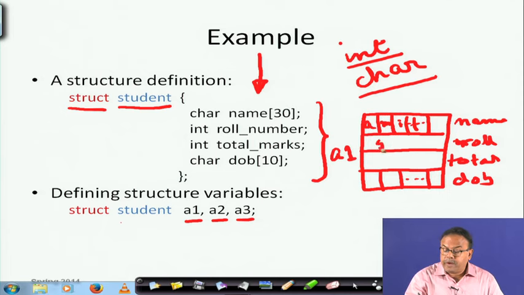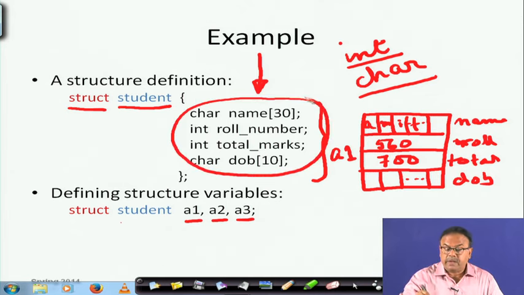Roll number may be 560 and total may be 700 and date of birth can be something. That is one particular instance of this particular structure that has been defined.